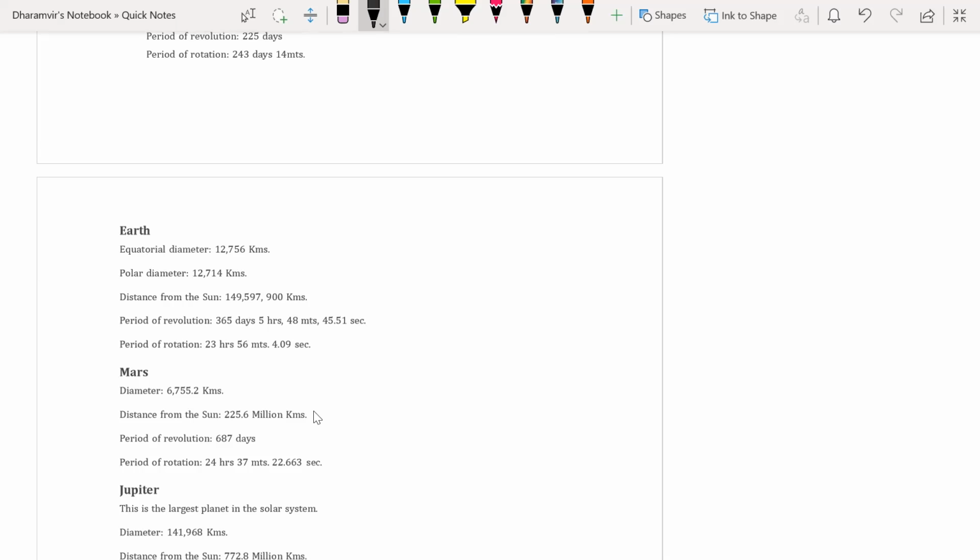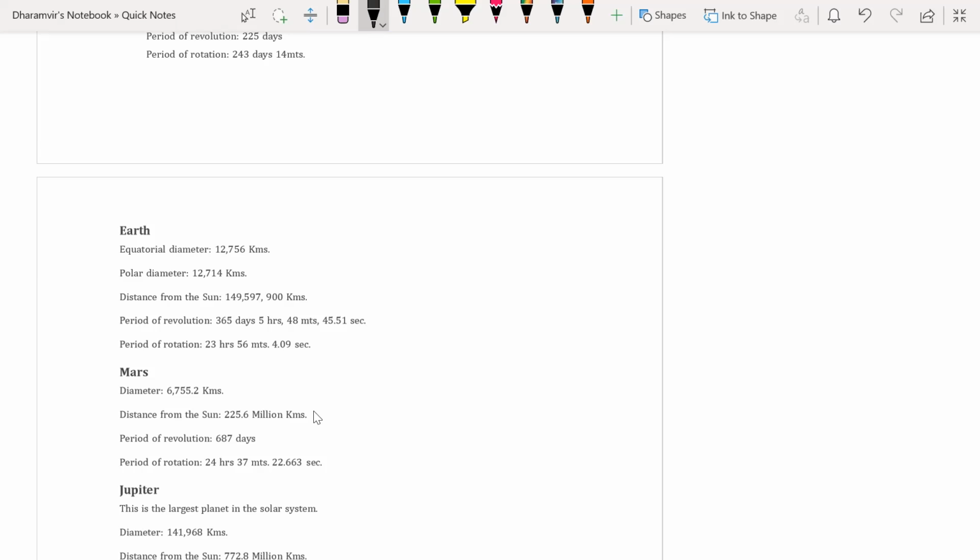Period of revolution is 365 days, 5 hours, 48 minutes, 45.51 seconds. It is near about 365 days, but it's more than 365 days. And period of rotation is 23 hours, 56 minutes and 4.09 seconds.